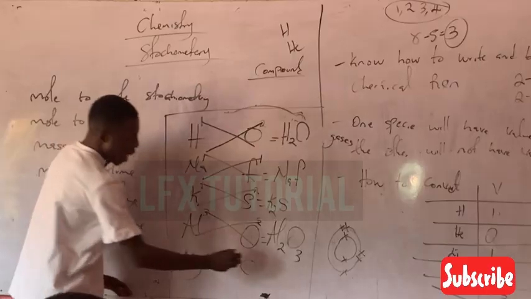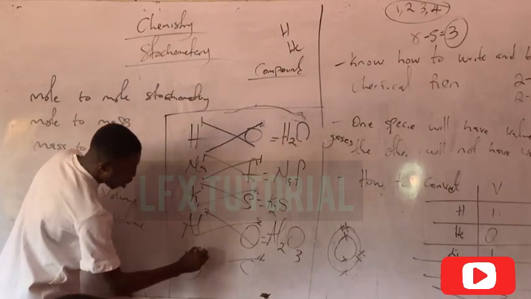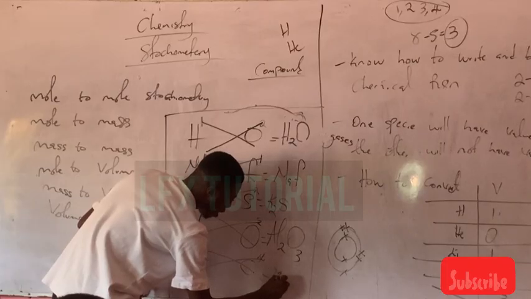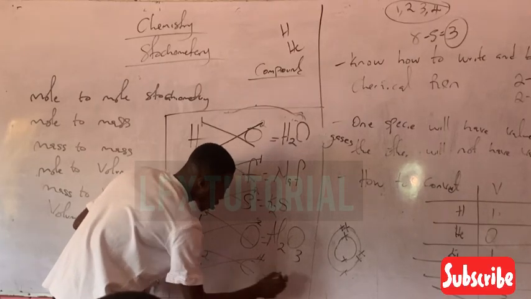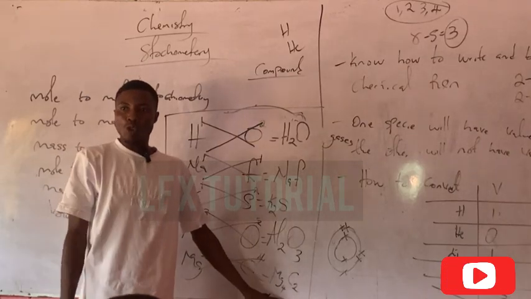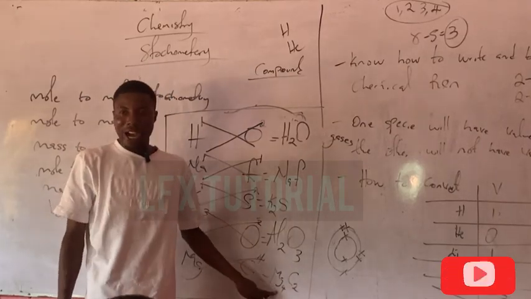So now, magnesium is 2. Carbon is 4. We cross multiply. So when we cross multiply, this magnesium will have 4. This carbon will have 2. But is this our final answer? No. 2 and 4 can divide.